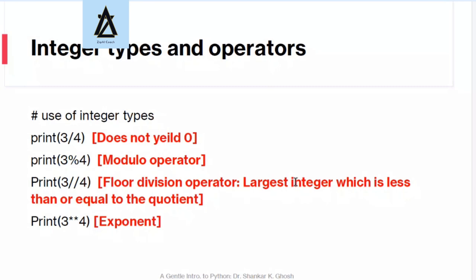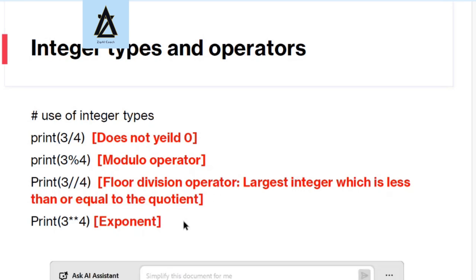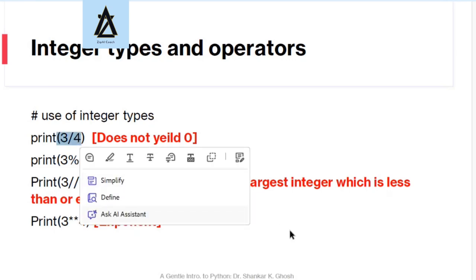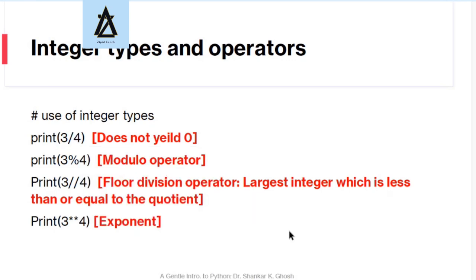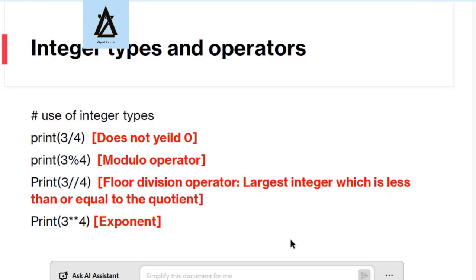The integer operations are very similar to other programming languages, but there are some differences in Python. For example, in C, if you write 3 by 4, it will produce 0, but in Python, it will be a floating point division. The modulo operator is also there in Python, and then the floor division operator is also there.